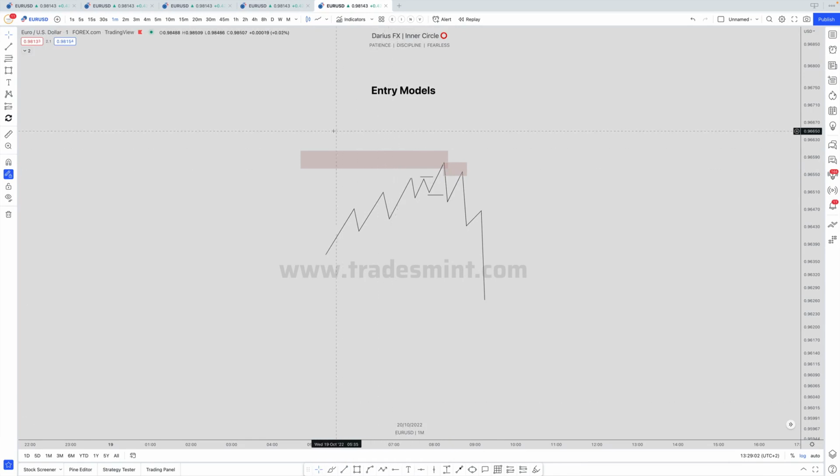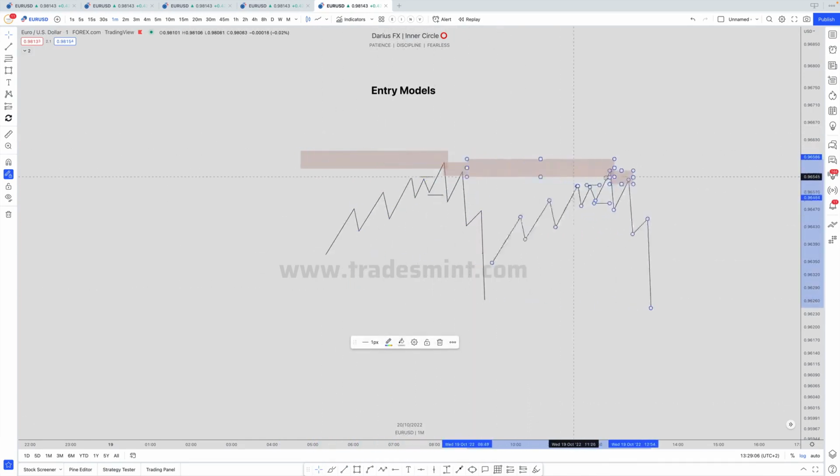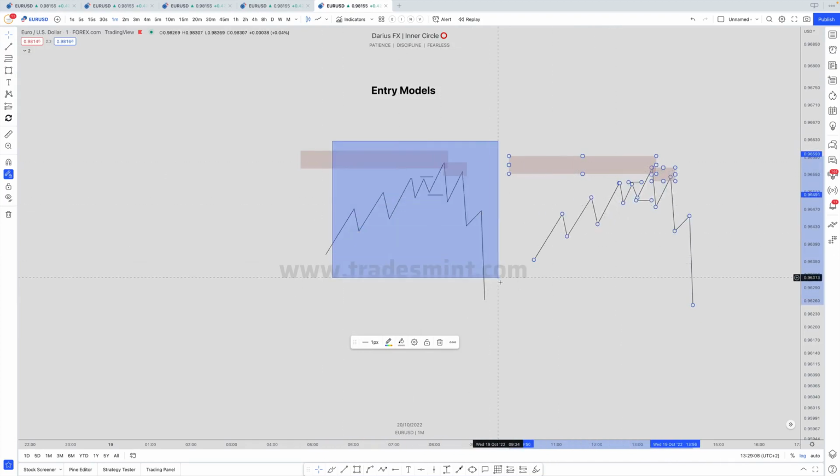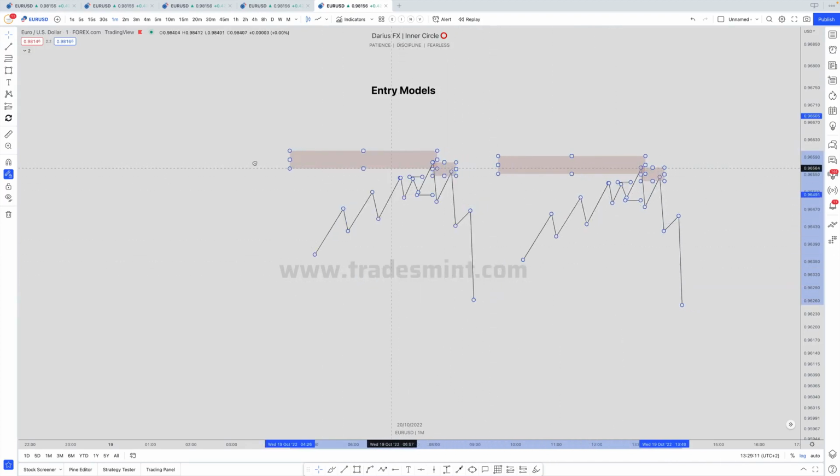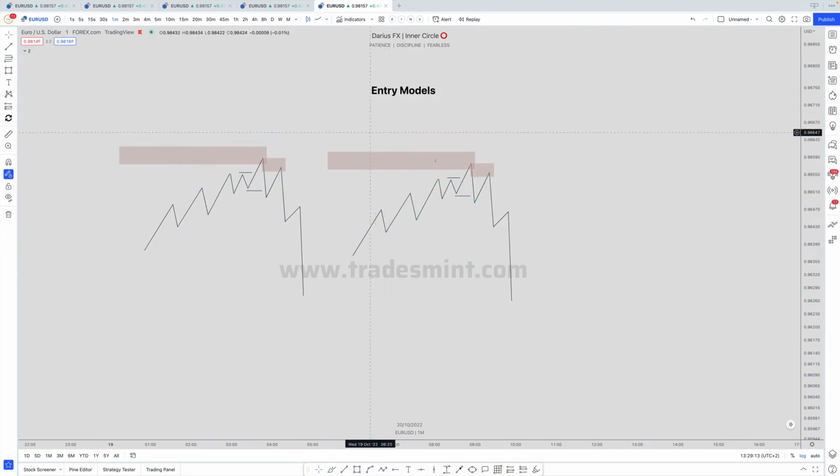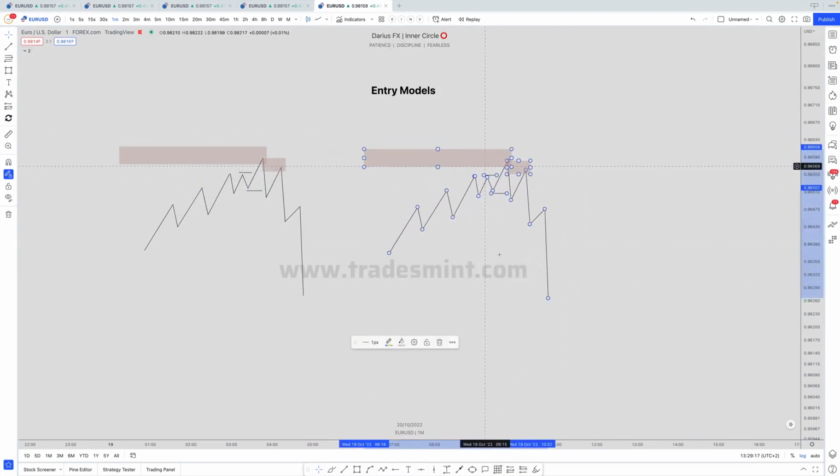Now, I don't know how often you've experienced this, but personally, what I see very often on the charts, and I'm going to explain exactly why this is the case, is not something like this, but something like this.